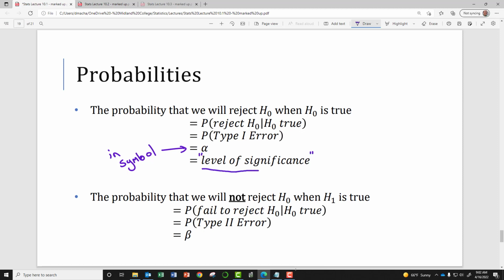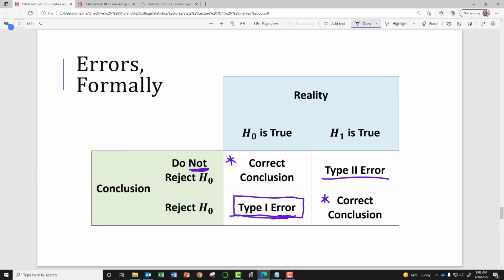So one more vocabulary term from a section in your textbook that's very heavy with new vocabulary terms: the probability of a type 1 error is called the level of significance, and we represent it with the Greek letter lowercase alpha. Now, the probability that we will not reject the null hypothesis when the alternative hypothesis is true, well, that's just the probability of a type 2 error, right?